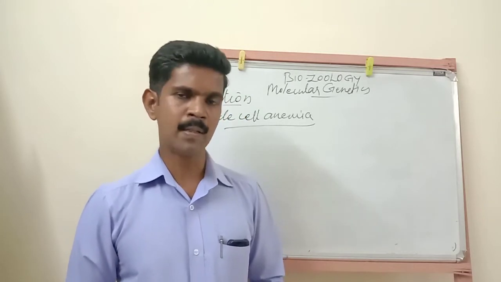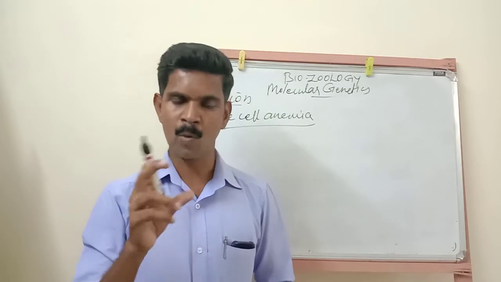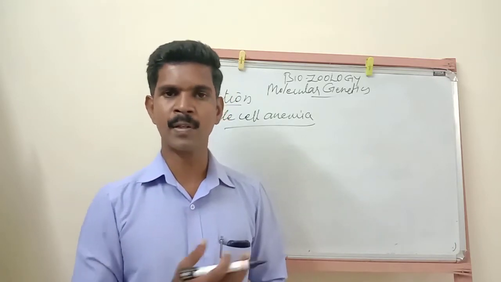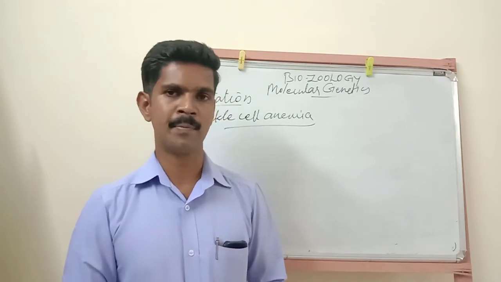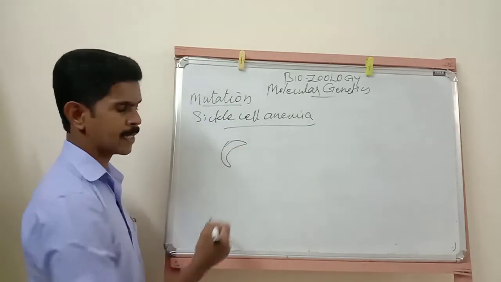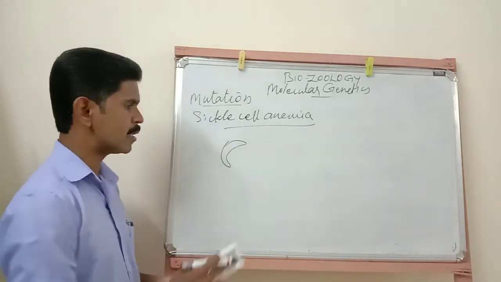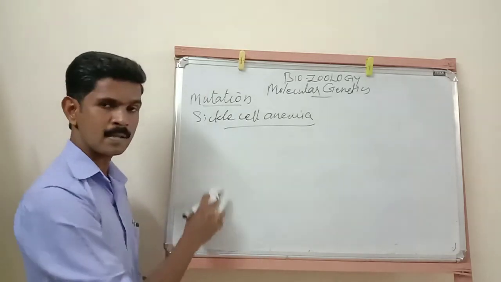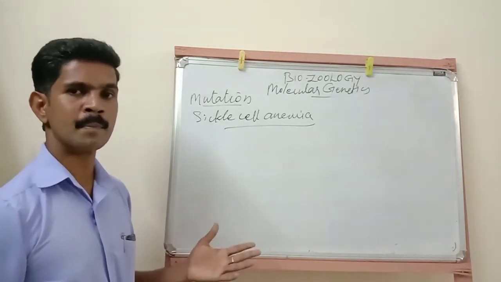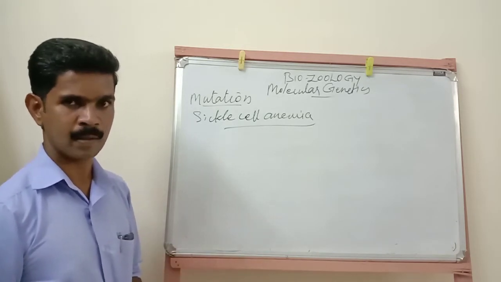Normally the shape of the RBC is circular, round shape and biconcave in nature. If anyone is affected with this disorder, the RBC is in sickle shape. RBC is converted into sickle cell. It is a very dangerous disease, and if anyone is affected with this disorder, the oxygen carrying capacity of the blood is totally reduced. Understand?